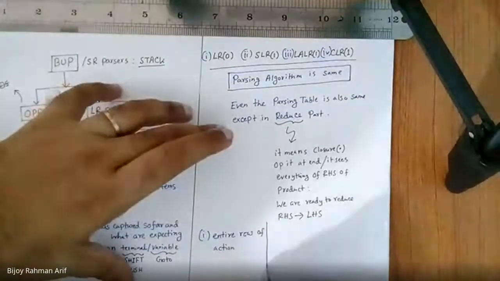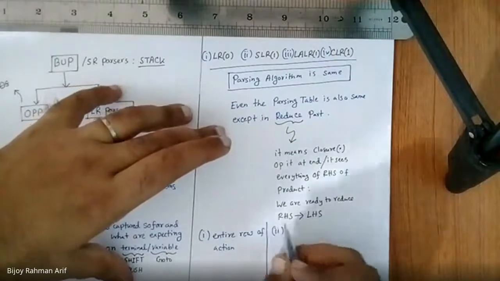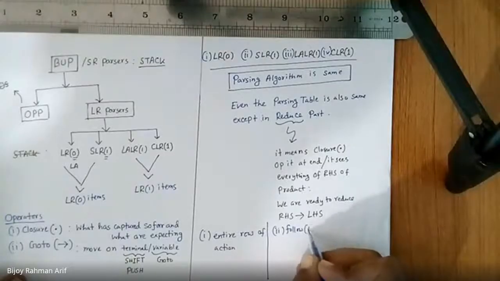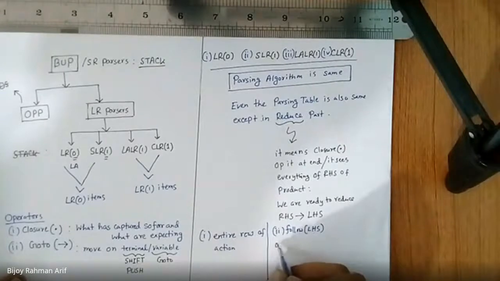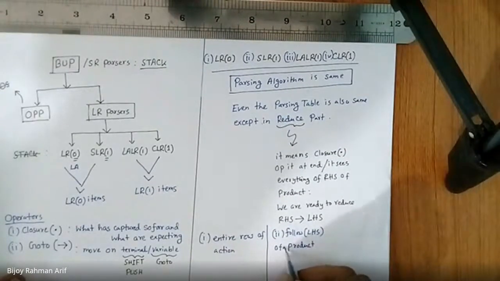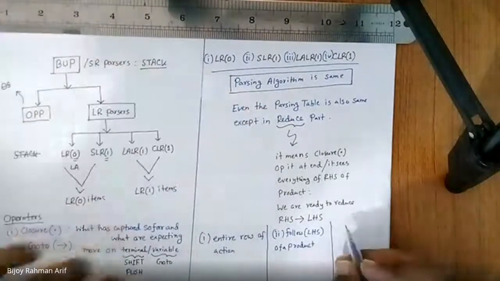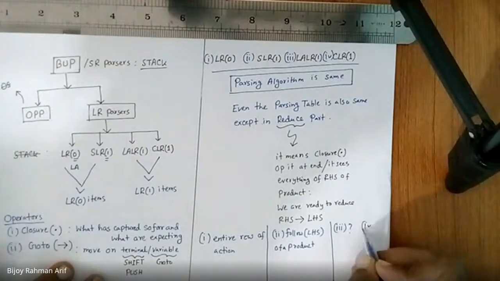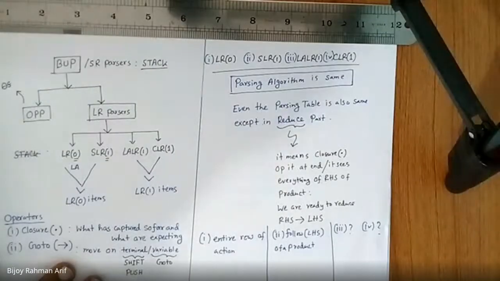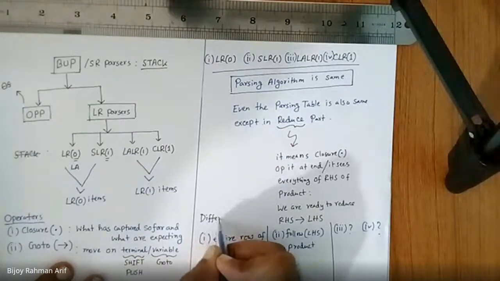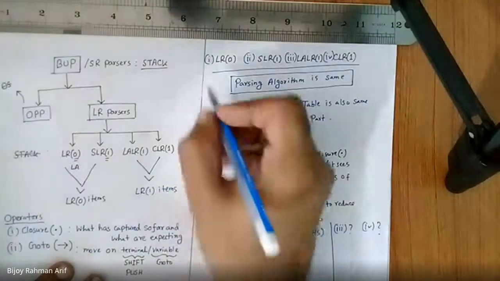Now, number 2. Why should I write the reduce move in the SLR1 parser? Follow of the LHS of a production. Now, the big question. Number 3, why should I write the reduce move? And number 4, why should I write the reduce move? That is the difference, and this is the similarity.